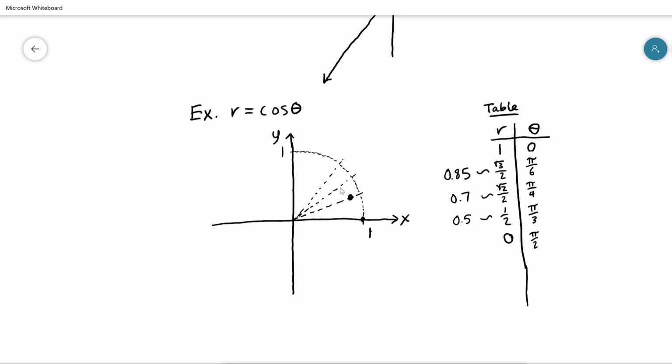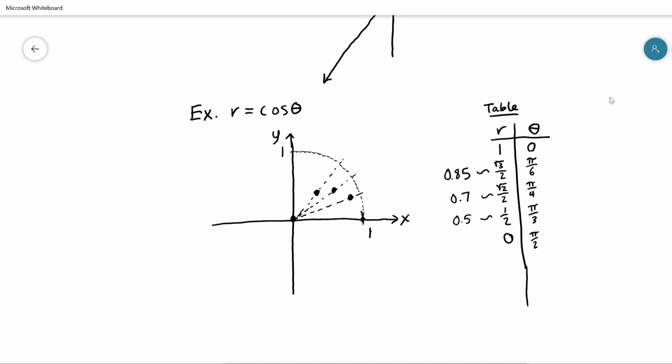And similarly, this is pi over 4, we're supposed to draw root 2 over 2, which is about 0.7. I'll say 0.7 is maybe there-ish. And by the time we get to pi over 3, we're supposed to be all the way down to a half, which I'll say is about there-ish. And by the time we get all the way up to pi over 2, the radius is down to 0.